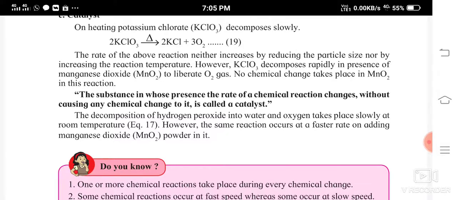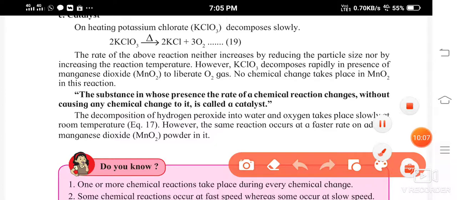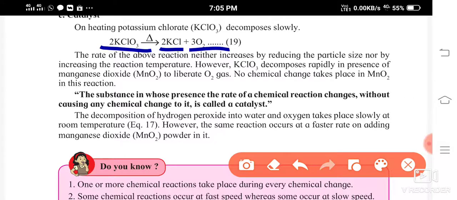Now, this potassium chlorate is one reactant giving us two products. So which reaction is this? This is a decomposition reaction, right? In this decomposition reaction, potassium chlorate is going to decompose into potassium chloride and oxygen.